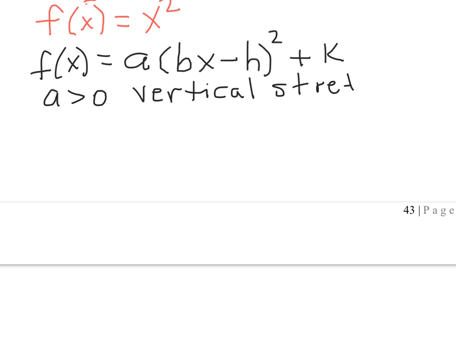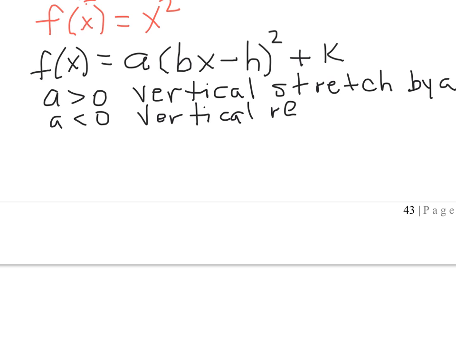And then if the A is less than 0, this is a vertical reflection, because it's flipping the graph over up and down. Okay, so it would flip it over the x-axis, so to speak.